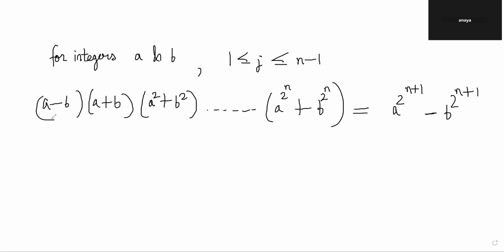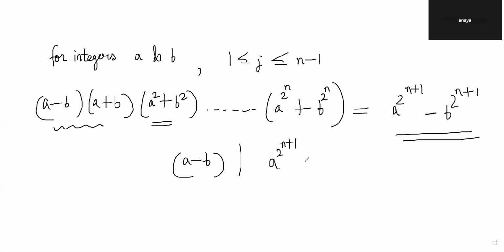This is obvious, right? How it combines and all. This becomes a square minus b square. That combines with this to become a^4 - b^4, which will combine with the next term, a^4 + b^4, and so on. Finally you'll end up with this. So this means that a minus b divides a^(2^(n+1)) minus b^(2^(n+1)).